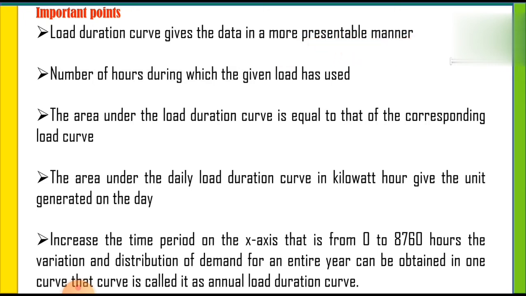It shows the number of hours during which the given load is used. The area under the load duration curve is equal to that of the corresponding load curve. Thus, the area under the daily load duration curve in kilowatt hours will give the units generated on that day.